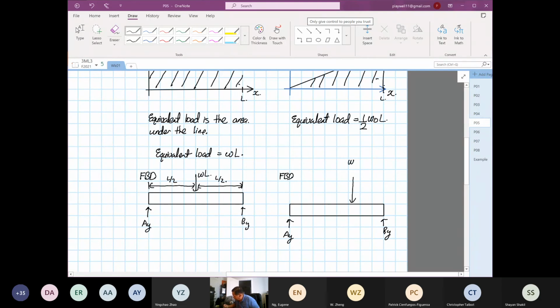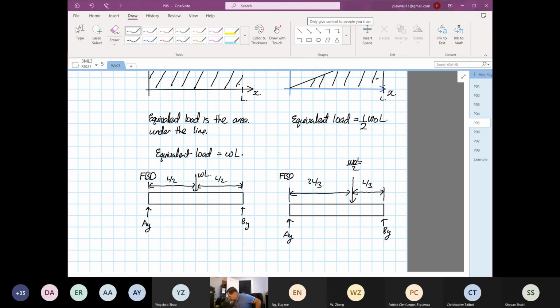Okay, it is omega naught L over 2. The distance from here to here is L over 3, and the distance from here to here is 2L over 3. Okay, now next week I will explain to you why. Okay, because I want to finish this example, then you can do your homework.